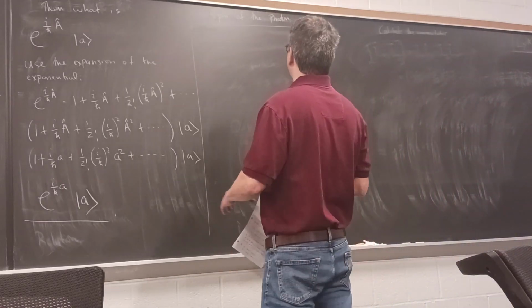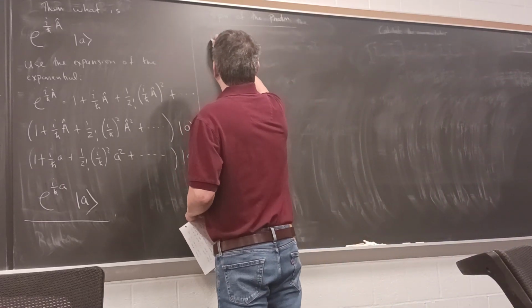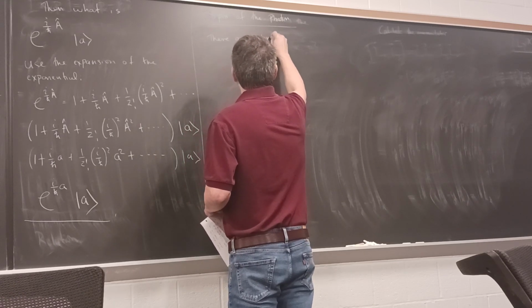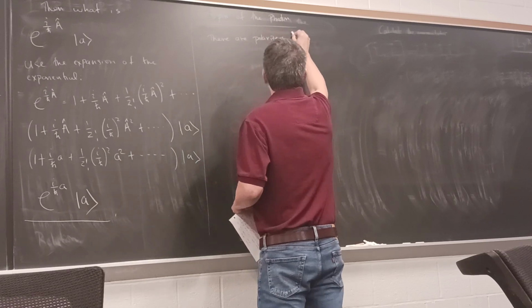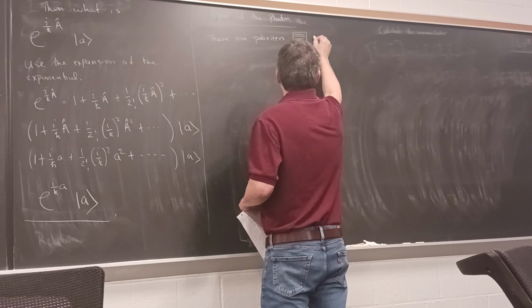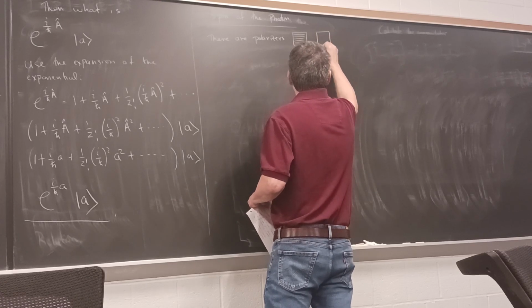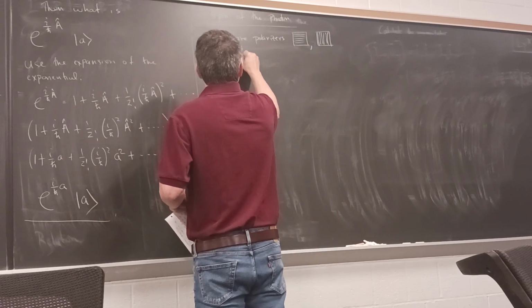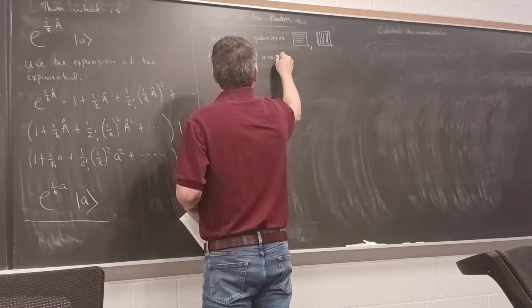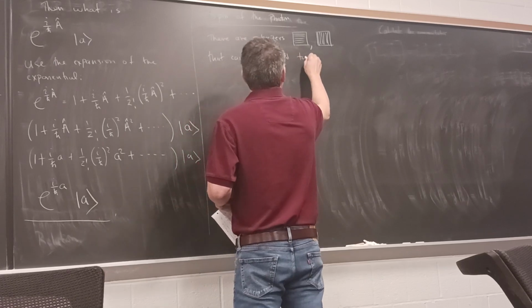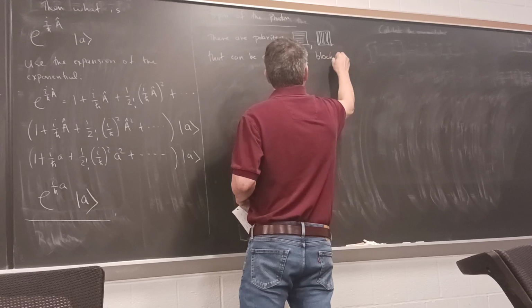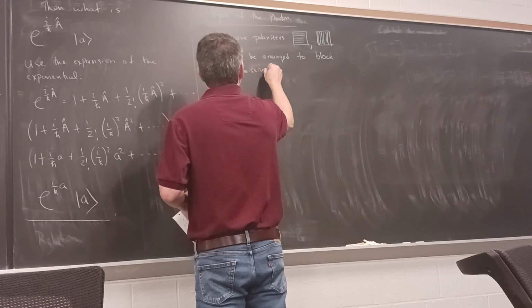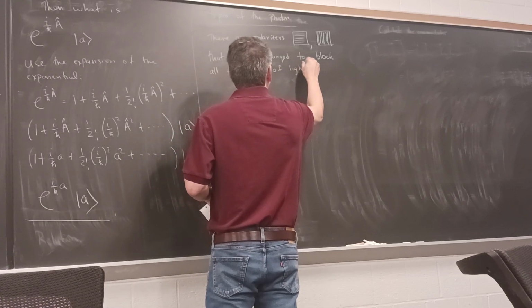One of them is that there are polarizers that can be arranged to block all transmission of light.